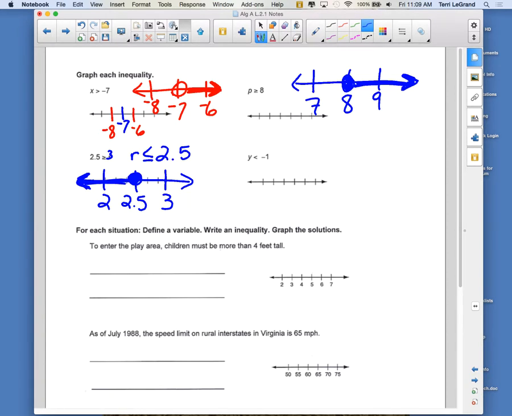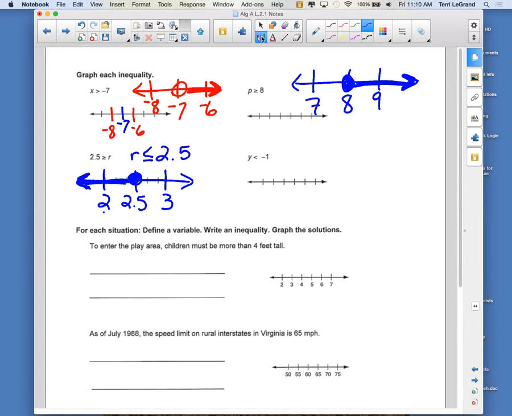We have to make sure that any numbers we choose from our shaded region make it true. So now let's pick 2 because it's in the shaded region. Is 2.5 greater than 2? Yes. Is 2 less than 2.5? Yes. Okay, this is the direction it should be shaded.